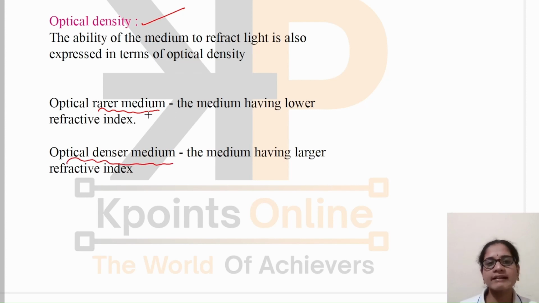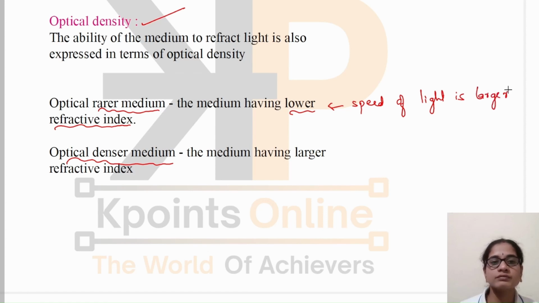What is an optical rarer medium? It means the medium having lower refractive index. In this case, the speed of light is larger. And an optical denser medium is the medium having larger refractive index, which means the speed of light is smaller.